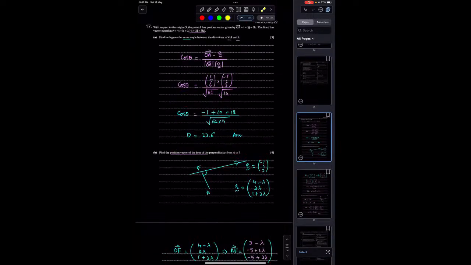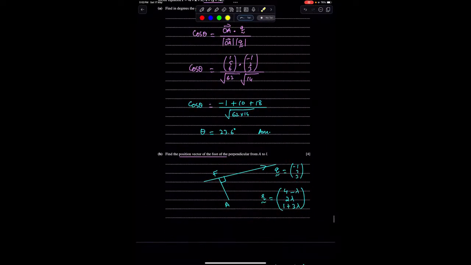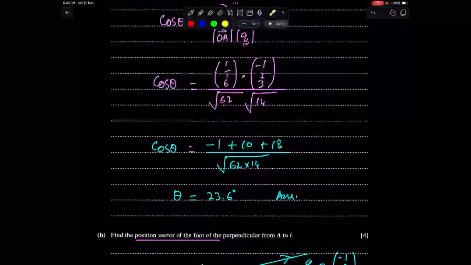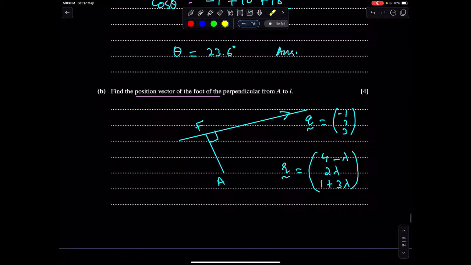Yeah, this is a very good question. Find the position vector of the foot of perpendicular from A to L. Now equation of L is given, point A is also given. So make a rough sketch. This is A, this is line L. So this is the foot of perpendicular. So replace R by OF. This is OF.